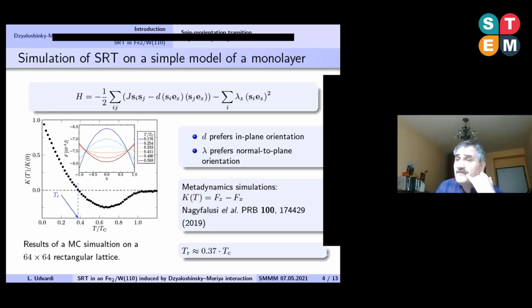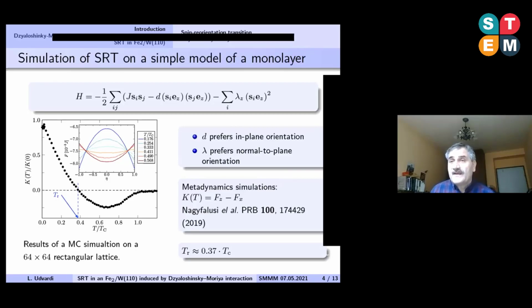So we can find this biasing potential, and this biasing potential is shown in the inset. In the case of a monolayer, it's just a parabola, and what we can see is that the curvature of the parabola changes its sign at the transition temperature, so we can detect a temperature-driven reorientation at a reorientation temperature.